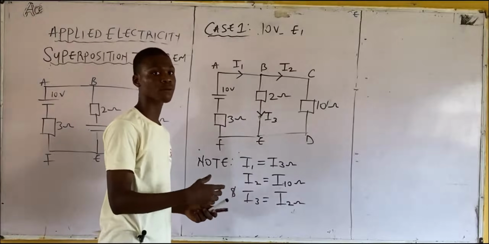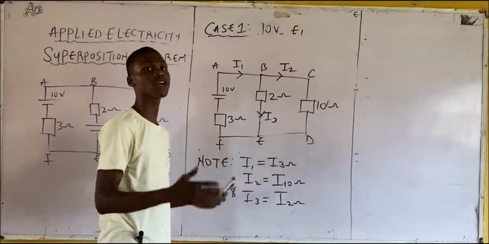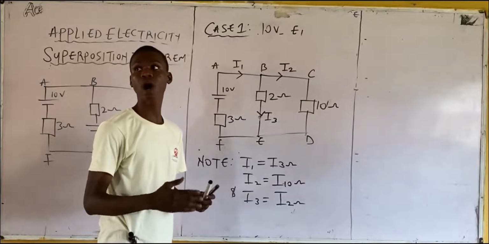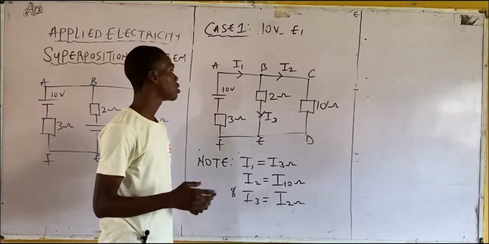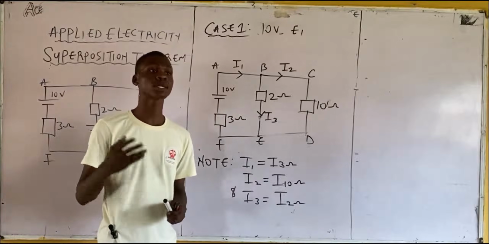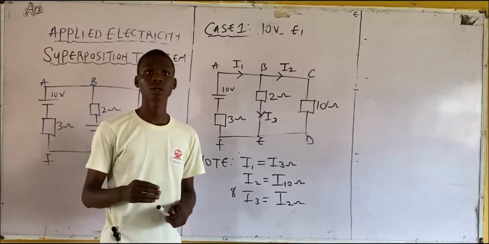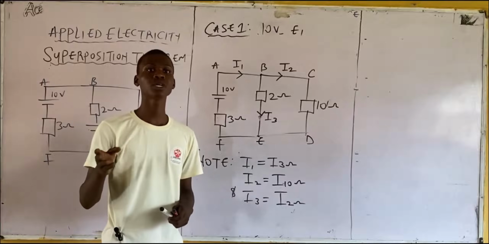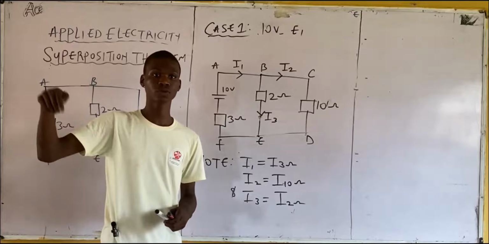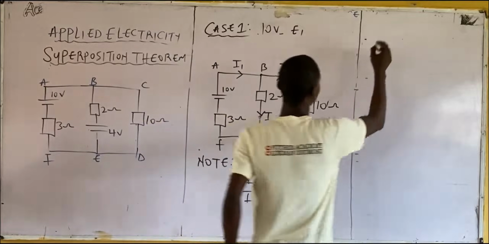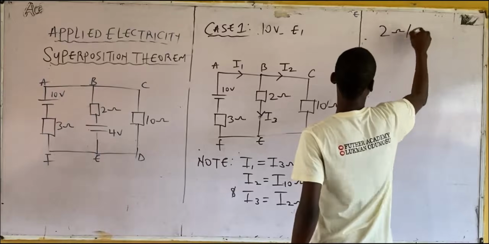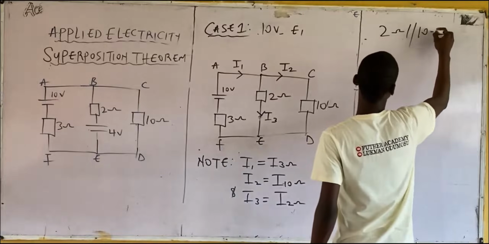Alright, now from here, what will be the next step? Consider your equivalent resistance in parallel. So what will be the resistance I'll be considering here? 2 and 10. Why am I considering 2 and 10? We have to omit the one that is having a source voltage in it. So I'm solving 2 ohms parallel to 10 ohms.